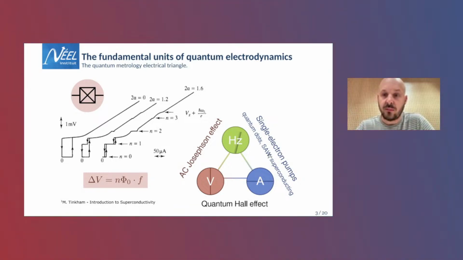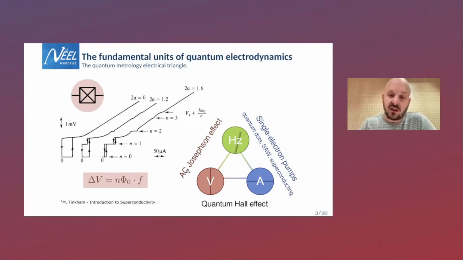There is a beautiful review by Pekola and co-workers, if you are interested. This is a very active topic, but so far these techniques were not based on a coherent quantum effect. So our idea is to find an alternative to these pumps, and this is what I will show you today.